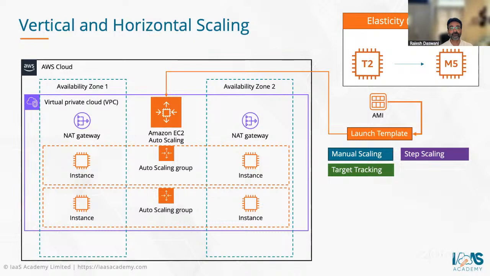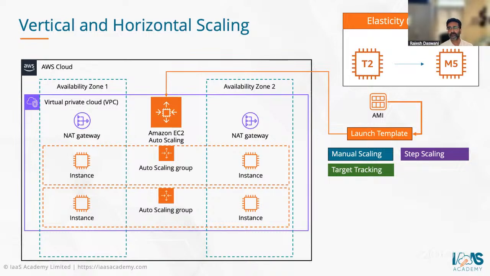You also have something called target tracking, where the number of instances deployed is based on a particular target value that you want to always ensure you're achieving. So you're happy achieving a CPU utilization on average in your fleet of 40%. That means AWS will provision only the necessary instances to achieve that target level.